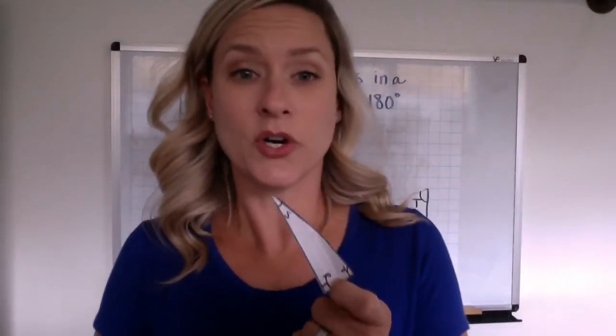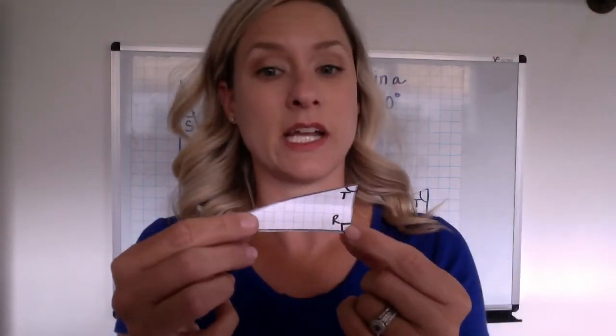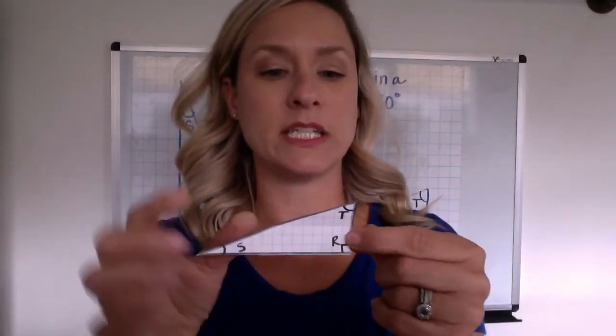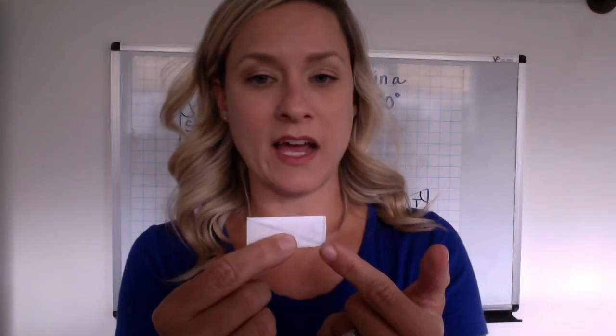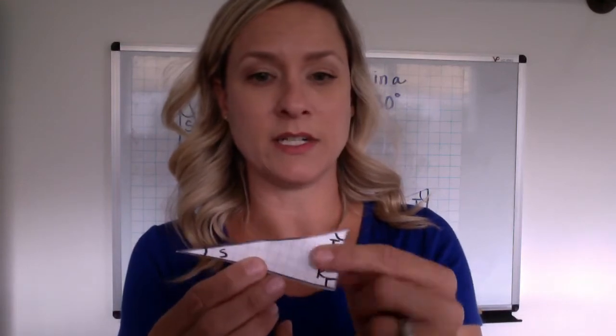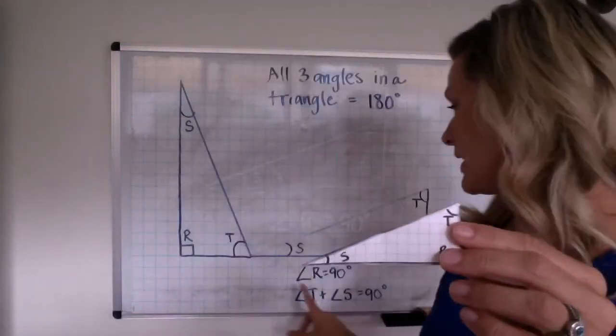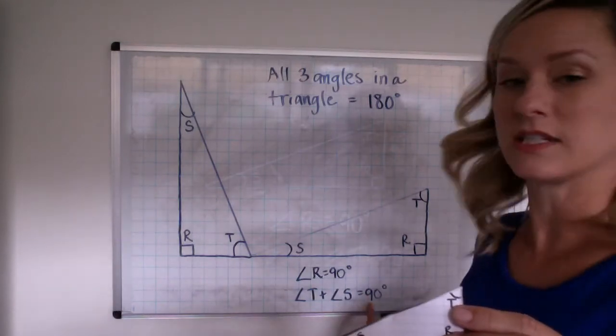Okay. So you told me, or really I told you, that this was 90 degrees. And then when we folded the angle T down and angle S in, we realized that also must be 90 degrees because there's no overlap. So the sum of angle T and angle S equals 90 degrees.